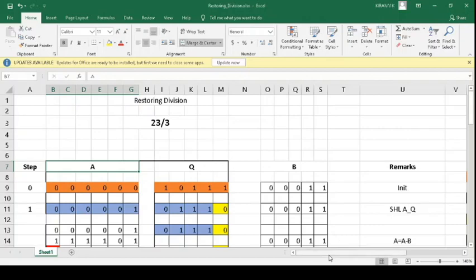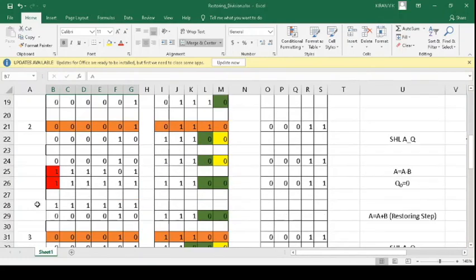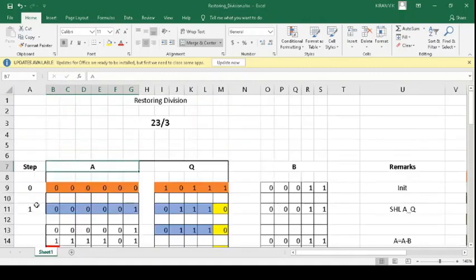Now we need to look at the number of steps involved in restoring division. The number of steps involved in restoring division, if you see here, is exactly equal to the size of the A field, including the initialization phase.